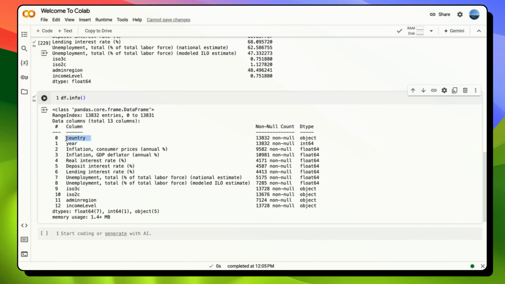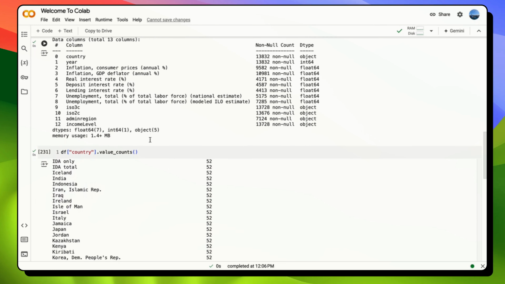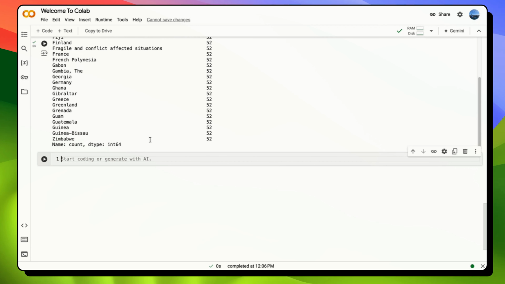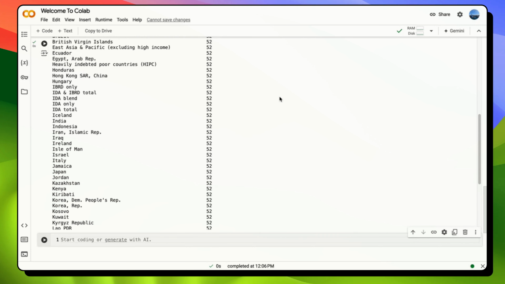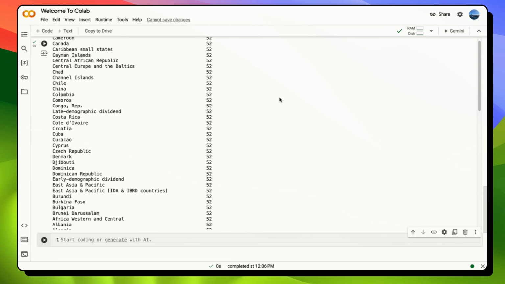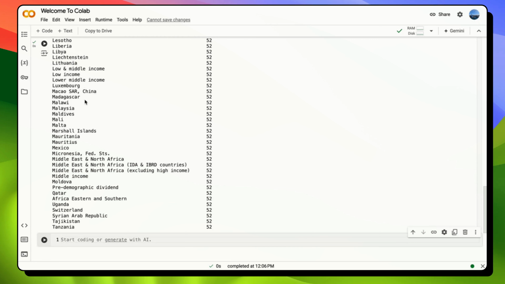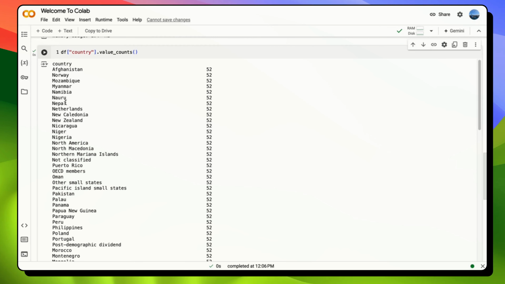Let's go ahead and see the name of the country first. So what I'm looking for is Nepal.